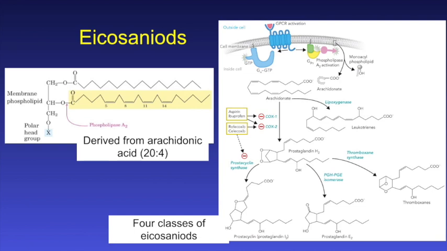So this has to be done in plants, and we have to eat this particular fat to live. Now, how many people think of plants as being fat? Yeah, if you eat avocado, there's a fatty plant. So there are some plants that have fats derived within them, but they aren't necessarily the fats that we think about. We're going to have 4 classes of eicosanoids.